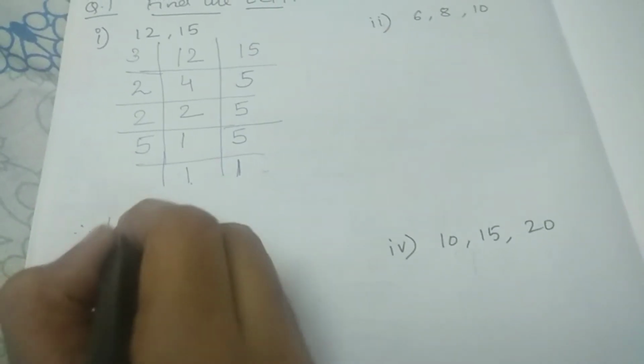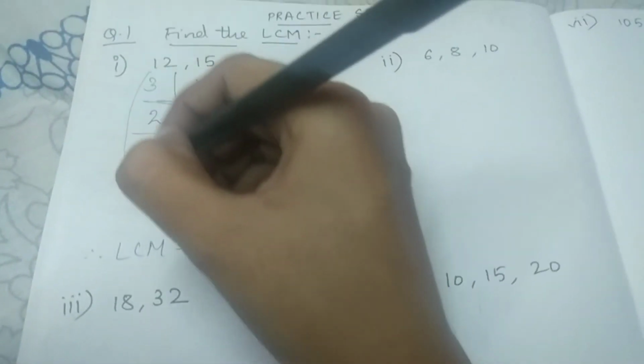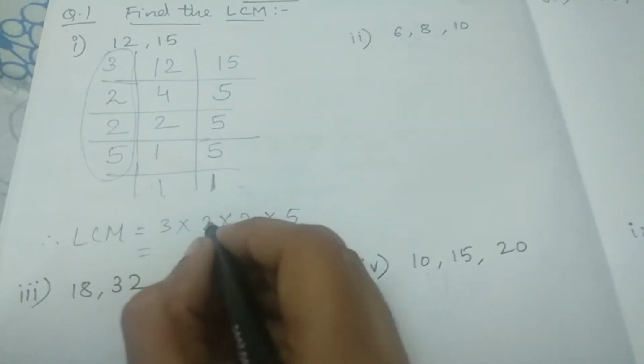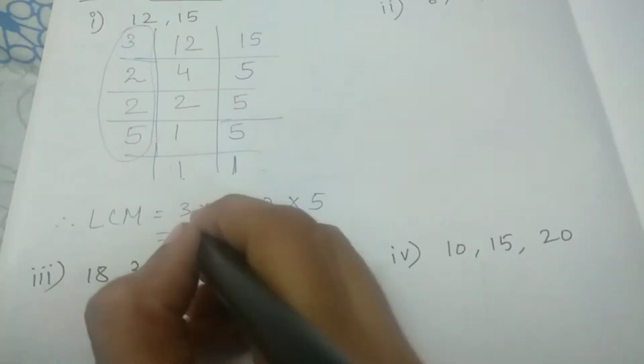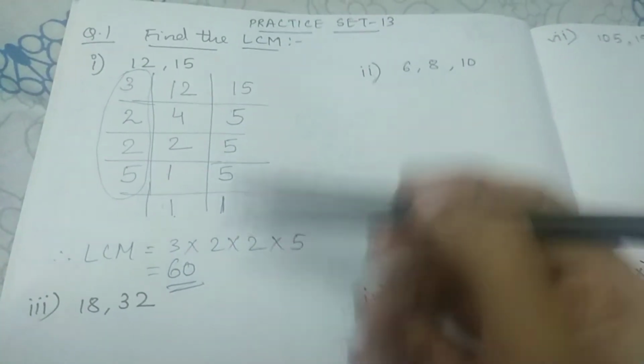Therefore, the LCM of 12 and 15 is these factors: 3 into 2 into 2 into 5, which is 3 2s are 6, 6 2s are 12 and 12 5s are 60. Therefore, the least common multiple of 12 and 15 is 60.